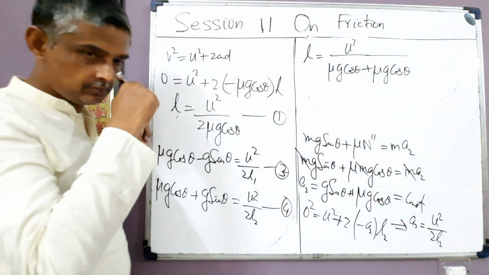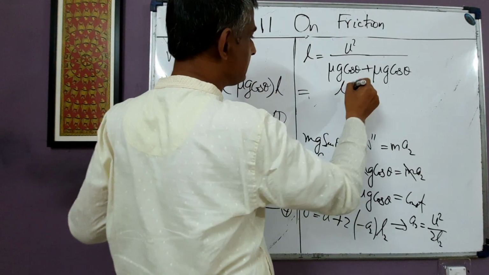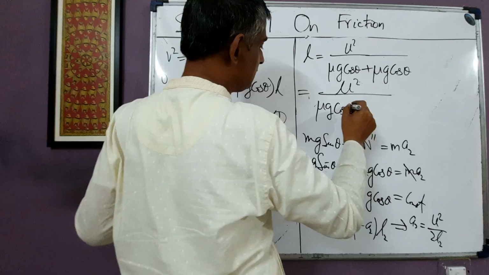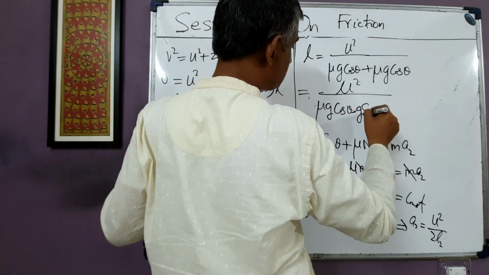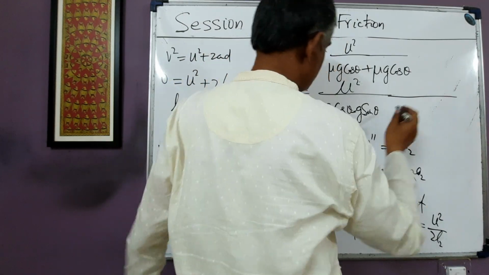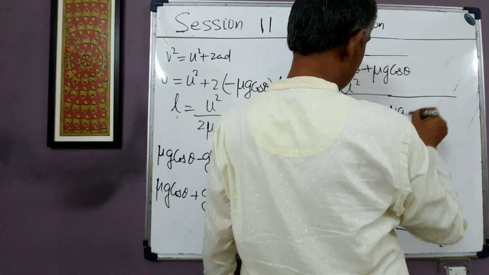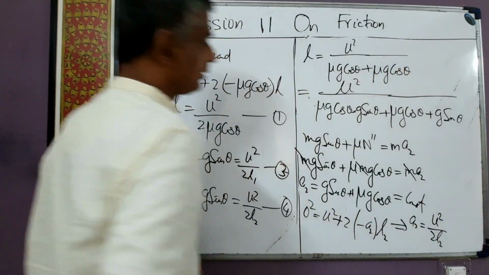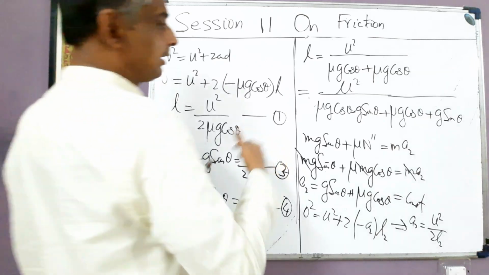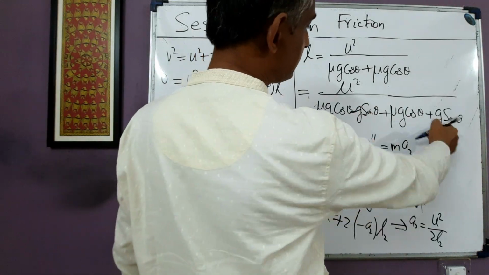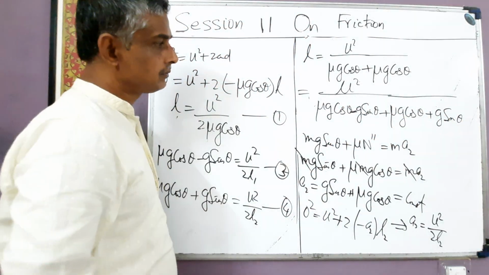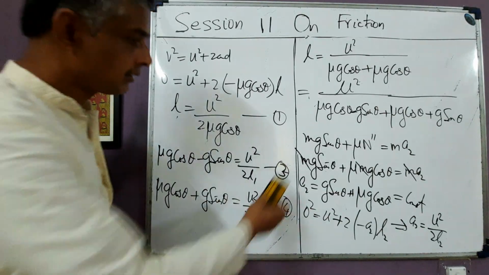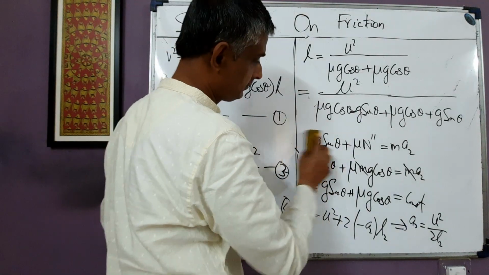This I write as u square by, now I write here like this, mu g cos theta minus g sin theta plus mu g cos theta plus g sin theta. All I have done is that I have subtracted and added g sin theta, that amounts to 0. Okay, fine, alright.